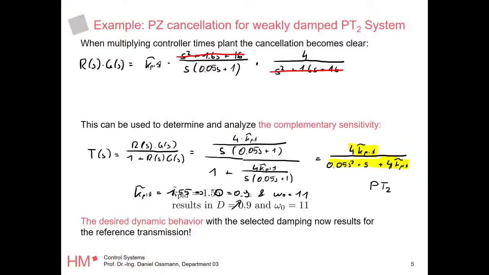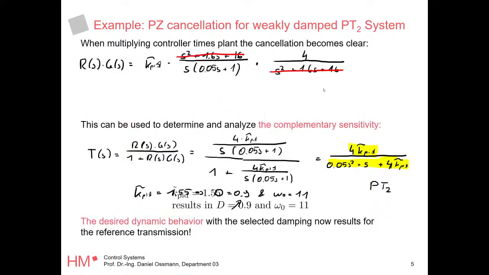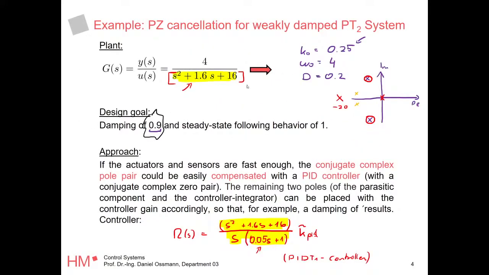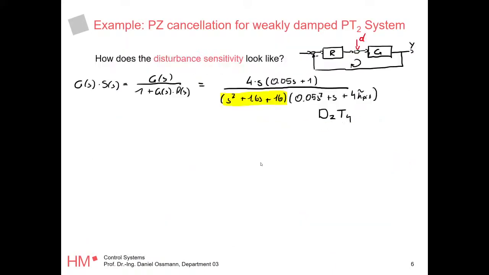You see, you have the pole pair we have here, the nice one, the stabilized one, where we increase the damping. But you also have the pole pair which was the original one, right? So this slowly damped guy, which we actually wanted to get rid of.